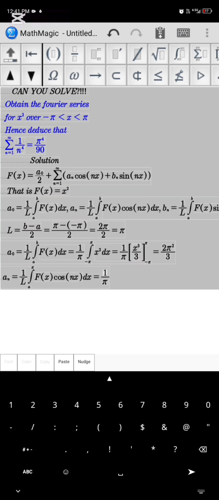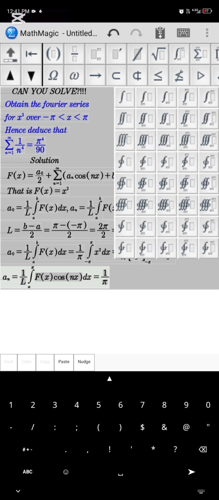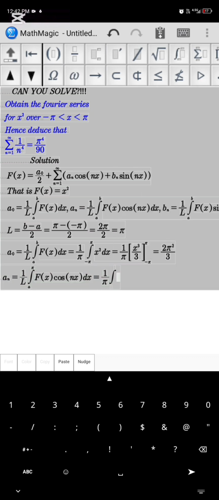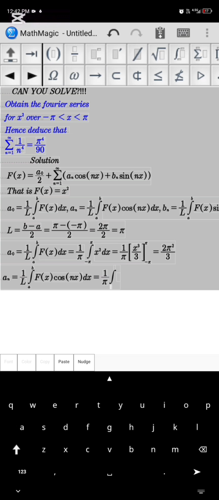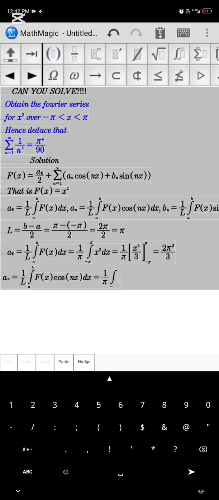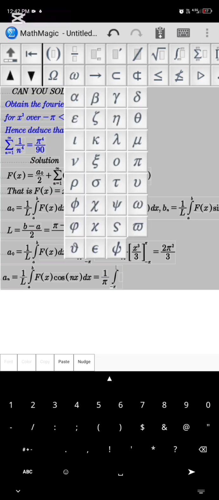Then the integral from, sorry, this is b, so that's from minus pi to pi.